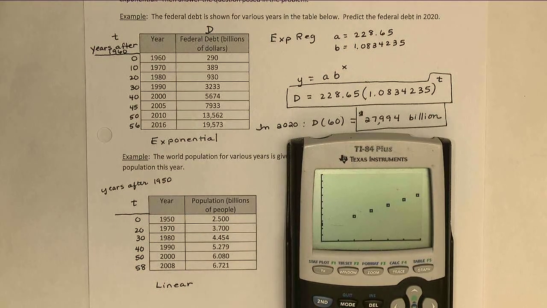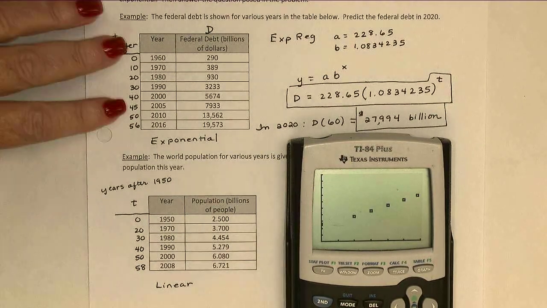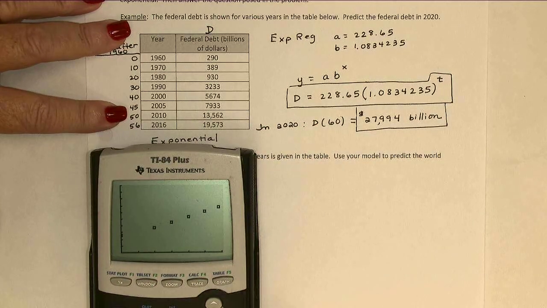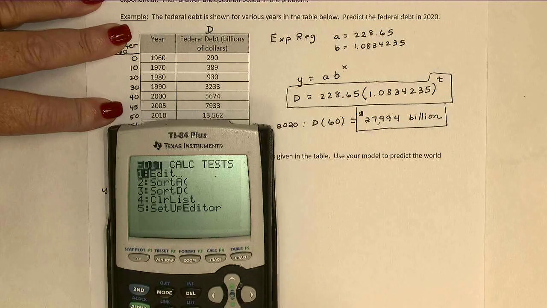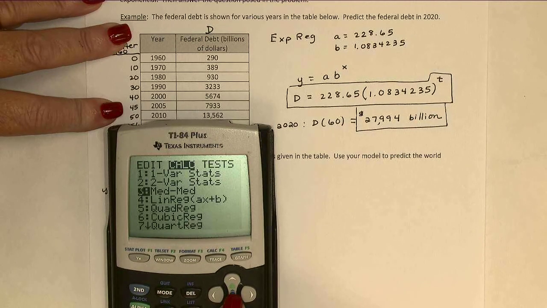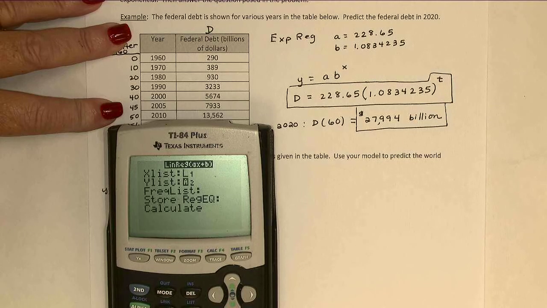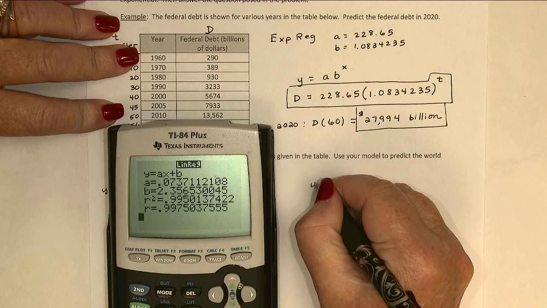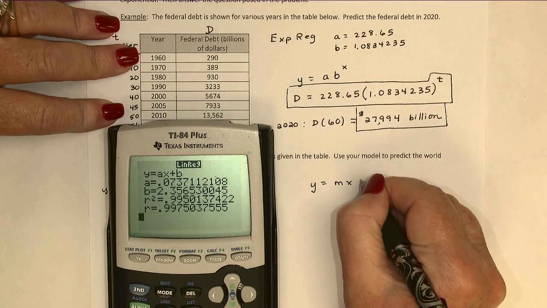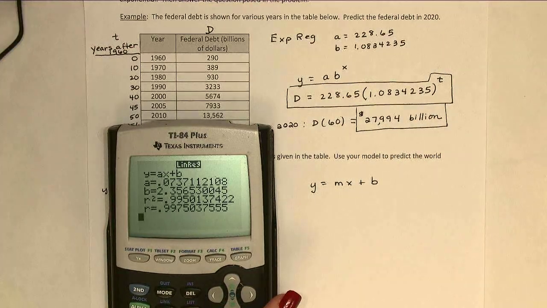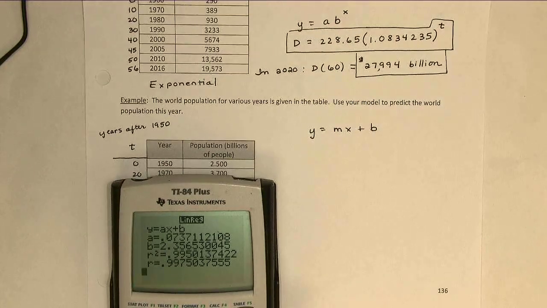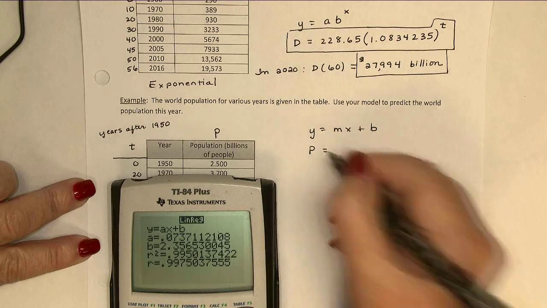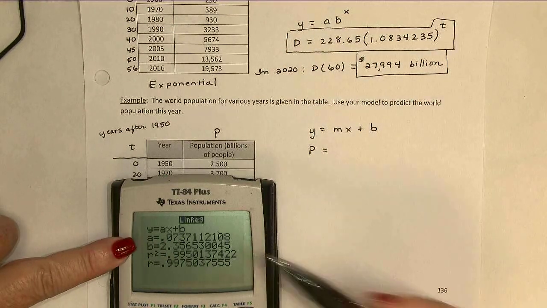This will be review since we did linear way back in the preview chapter, the preliminary work. So let's go ahead. In Stat again, Calculate. We want that linear regression. y equals mx plus b. Our y value is population, so I'm going to call that P. The slope, the calculator actually calls it a, but we know that's our slope.